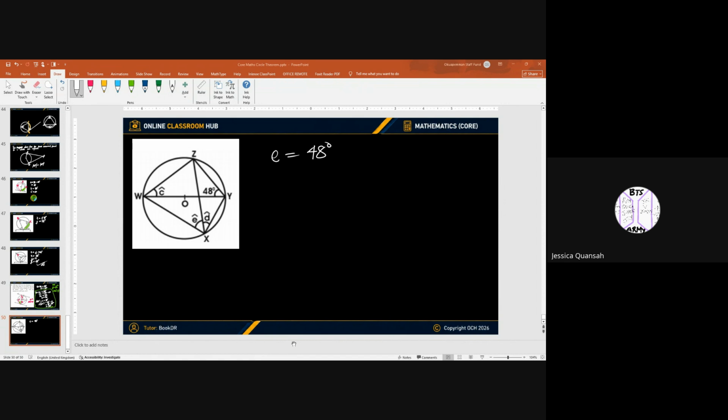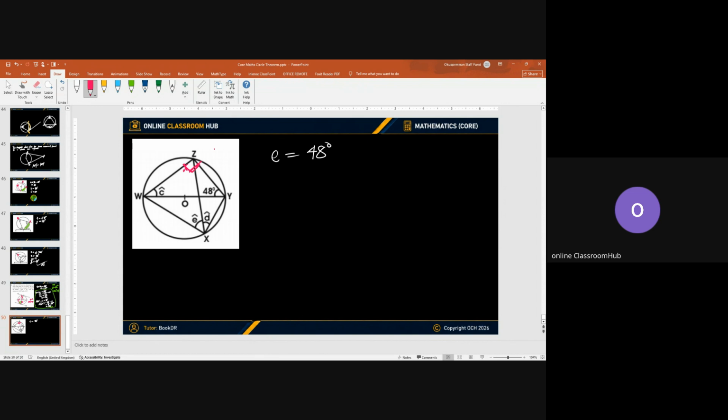The whole angle WZY is equal to 90. Why has it taken you a long time to see this? So this is 90 degrees, right angle. It shouldn't take you that long because you can see the diameter.